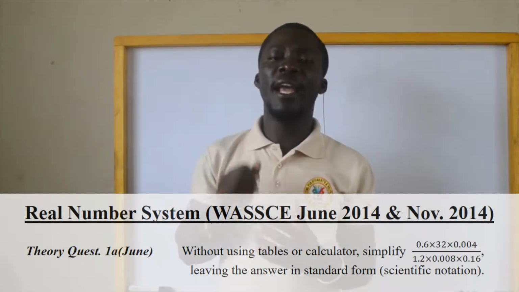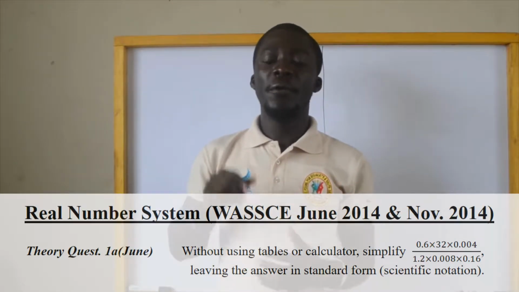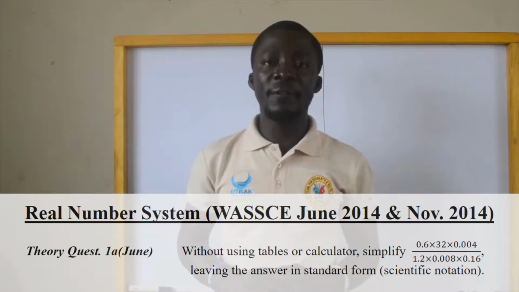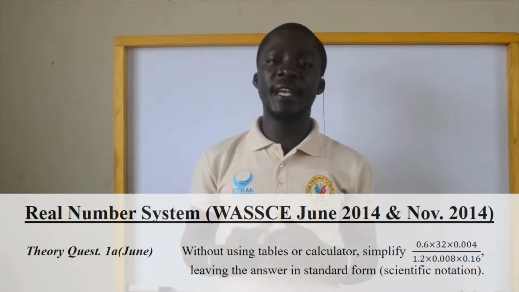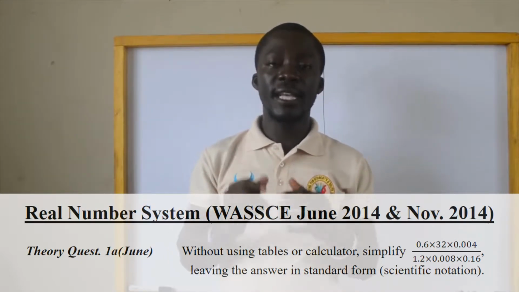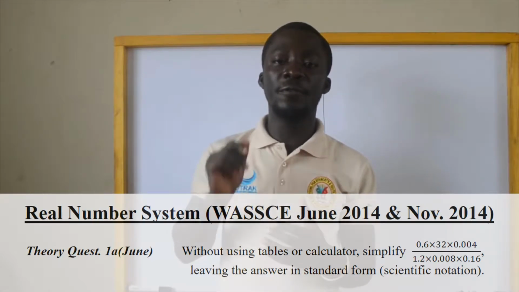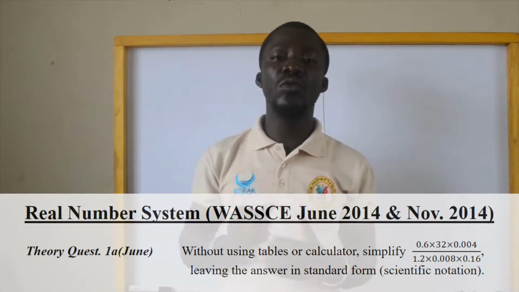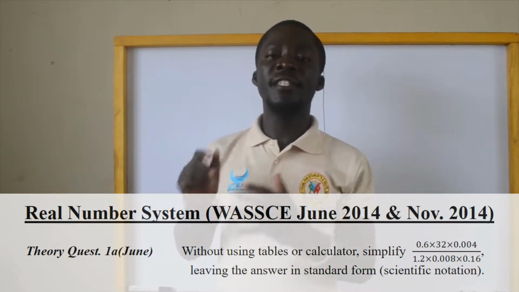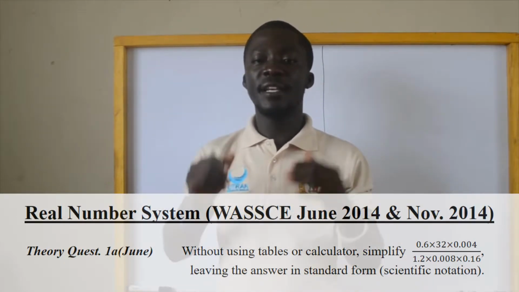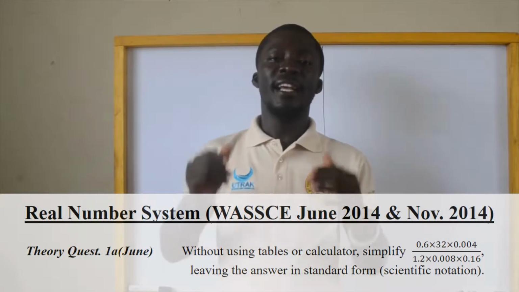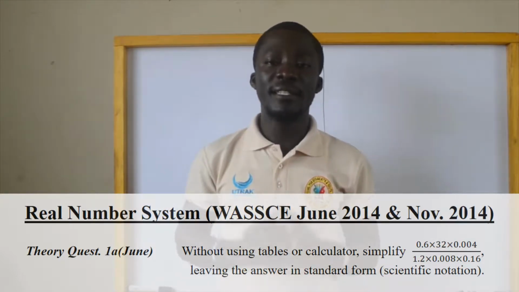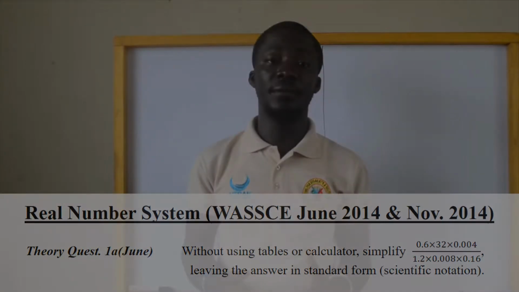Theory question 1a in June. Without using tables or calculators, simplify 0.6 times 32 times 0.004 all divided by 1.2 times 0.008 times 0.16, leaving the answer in standard form or scientific notation.